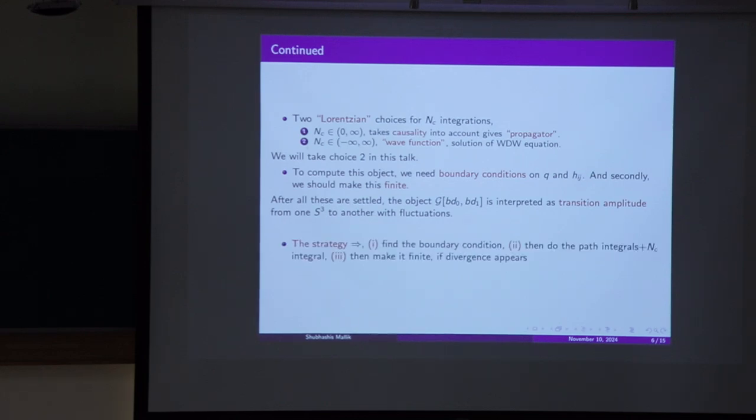So the strategy will be like this: first find the boundary condition, then do the path integral over q and h_ij, plus ordinary integral over lapse, and then make it finite if there are any divergences. And we want to compute that which is finite. This object will be finite.